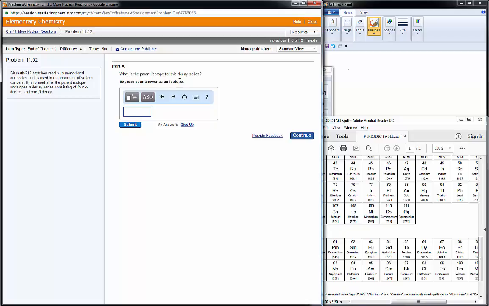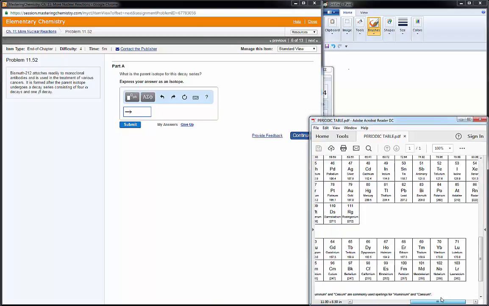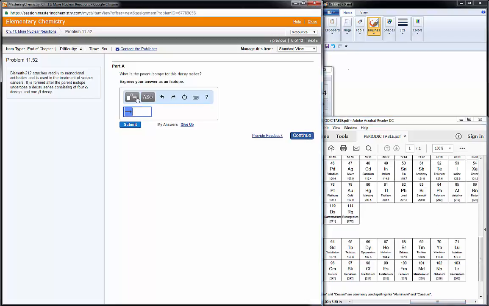What is the parent isotope of this decay series? Bismuth-212 is used for stuff. It is formed after the parent isotope undergoes a decay series consisting of 4 alpha decays and 1 beta decay. So I've got some parent, I don't know what it is, and it goes to form bismuth-212, right there, 212, 83.